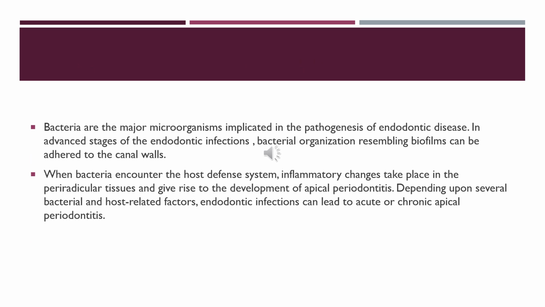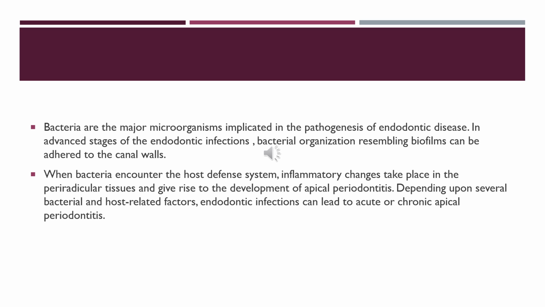Bacteria are the major microorganisms implicated in the pathogenesis of endodontic diseases. In advanced stages of the endodontic infections, bacterial organizations resembling biofilms can be adhered to the canal walls. When bacteria encounter the host defense system, inflammatory changes take place in the periradicular tissues and give rise to the development of apical periodontitis.